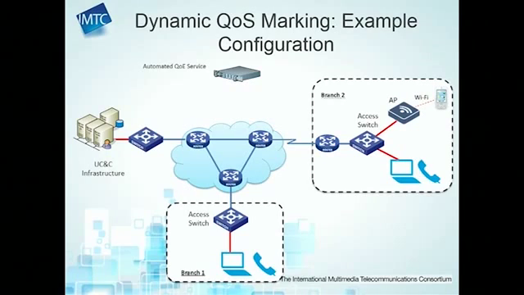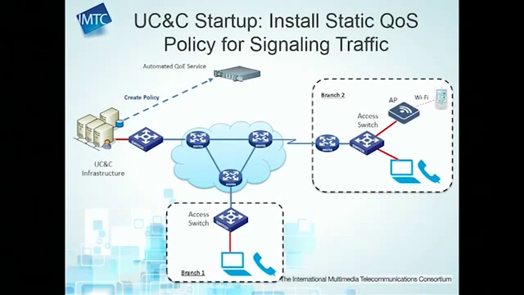Now, the first thing we envision happening is when the UC&C infrastructure first starts up, when it comes up on the network, it will tell the automated QoE service that it wants QoS treatment for all signaling traffic. Right? There may be reasons that you want to protect your signaling traffic or give your signaling traffic priority on the network.